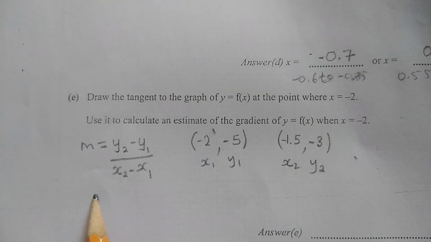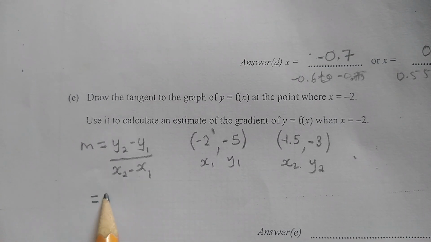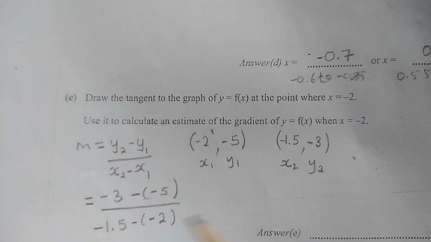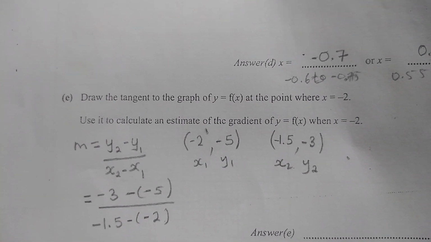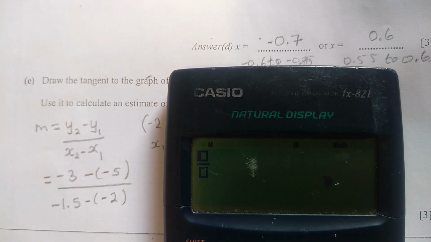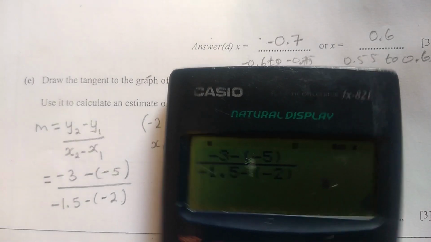So we're going to have -3 minus -5 divided by -1.5 minus -2. So let's punch and get our answer. Our answer is 4.